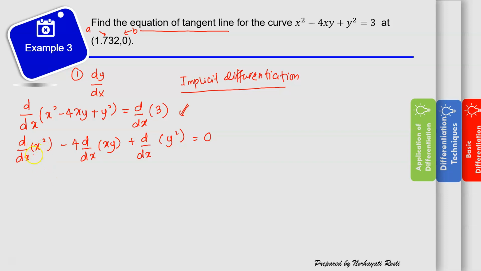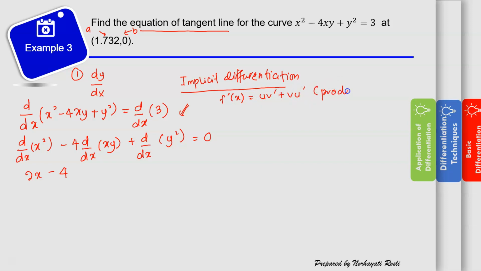So we get the answer 2x minus 4, but this one has two terms, x and y. Now when you differentiate this, you have to use the product rule. What does product rule mean? The product rule is given by: when we differentiate a function, f prime of x equals uv prime plus vu prime.